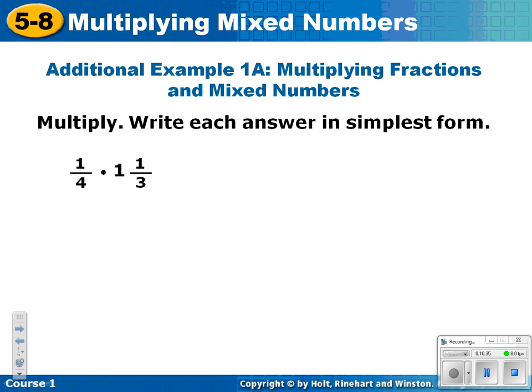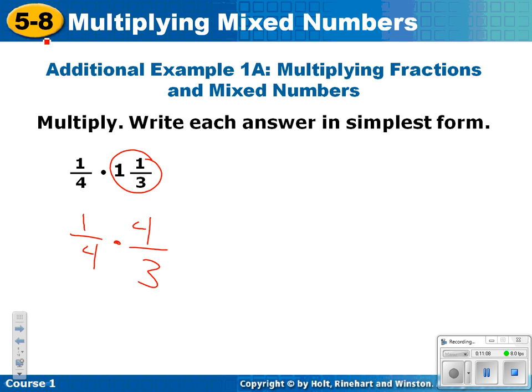The only difference from what we just talked about is I need to get this number written as a fraction. Once you have everything written to look like a fraction, then we can do our multiplication. So 3 times 1 is 3 plus 1 is 4 over 3. Once you have it in this form, then we can do the multiplication, just like we have been doing.